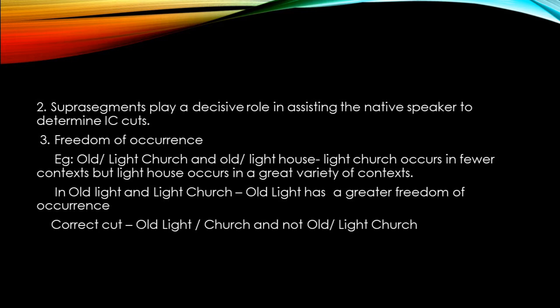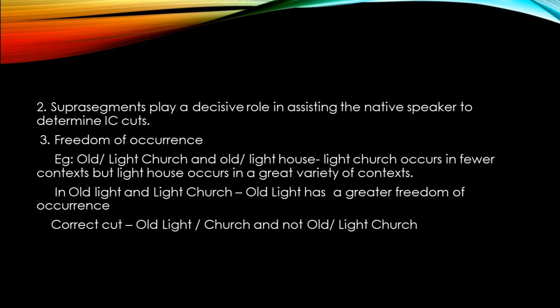Now, the third method to determine where the IC cut should be is checking for the freedom of occurrence. How frequently have you heard the phrase? That is what is meant by the freedom of occurrence. Now, let's take two constructions: old light church and old lighthouse.